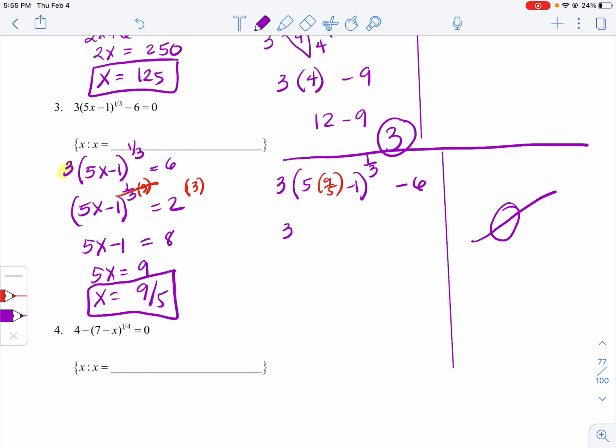And 3 times 5 times 9 over 5 is 45 over 5. Or really, that's just 9. So 3 times (9 minus 1) to the power of 1/3 minus 6.